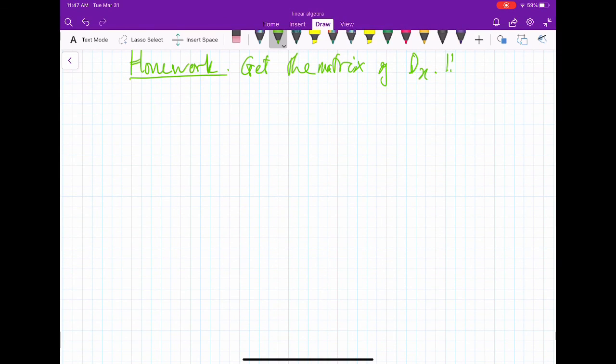You might consider integration. The definite integral is a linear transformation too.